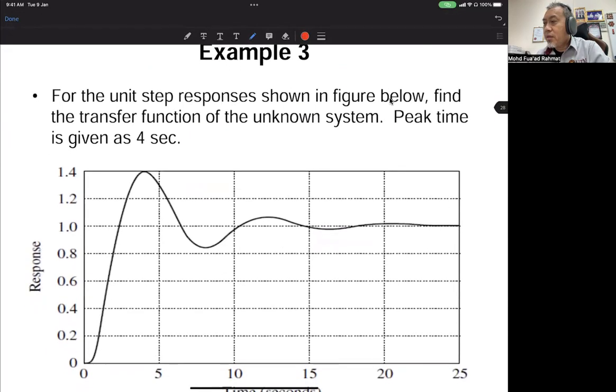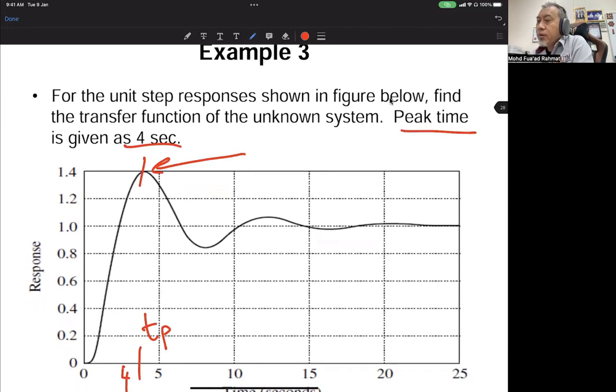And example 3 here is quite similar, but the peak time is given as 4 seconds, which is here. The maximum value is 1.4, and the final value is about 1.0.